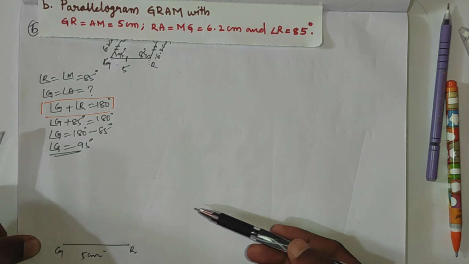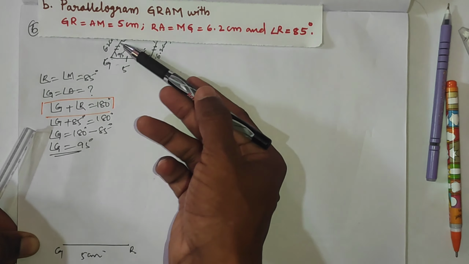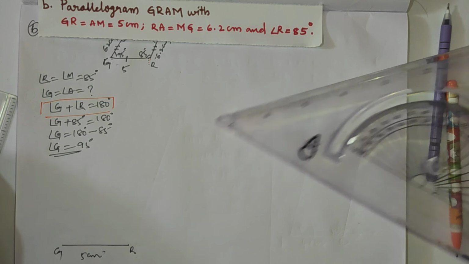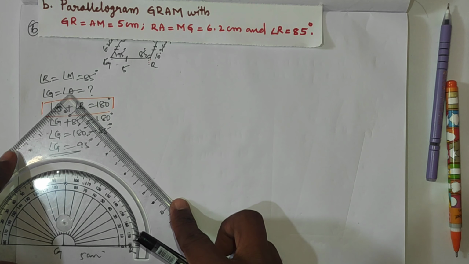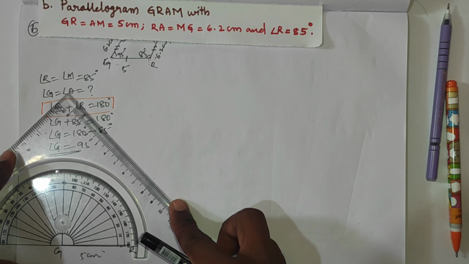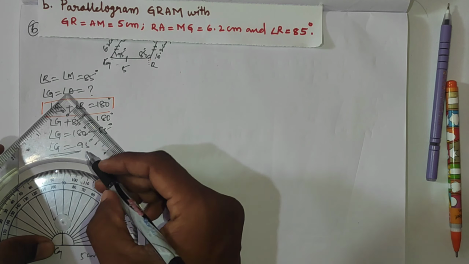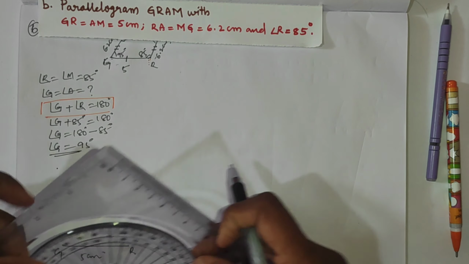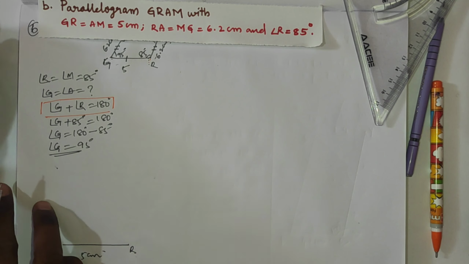Then what is there? Angle G. How much is angle G? 95 degrees. Just I am drawing a ray.